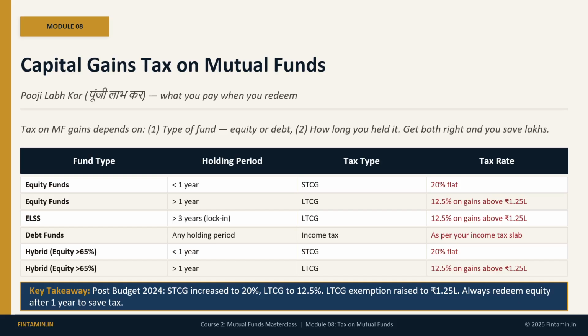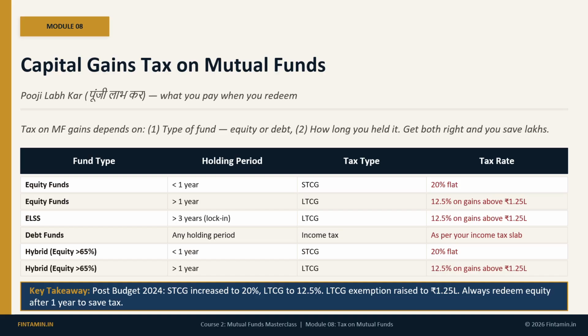This is short term capital gains tax. If you hold for more than 1 year, gains above 1.25 lakh rupees per year are taxed at 12.5%. This is long-term capital gains tax. Gains up to 1.25 lakh per year are completely tax-free.